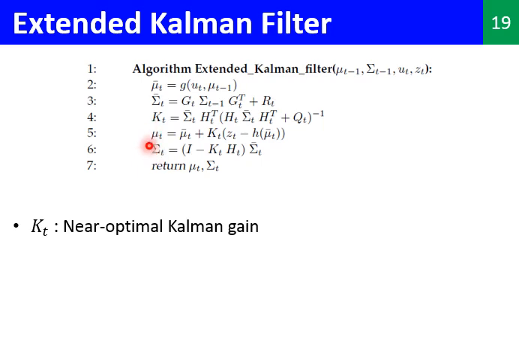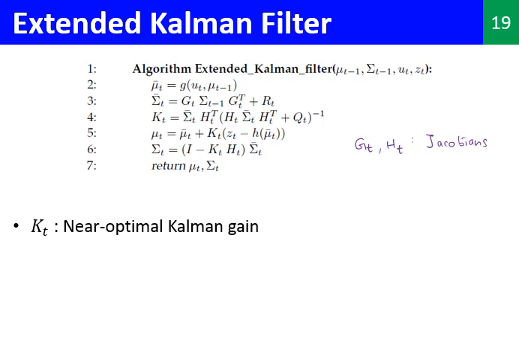G t and H t are Jacobians. So let me write that here: G t, H t, Jacobian matrices. And K t is the near optimal Kalman gain.